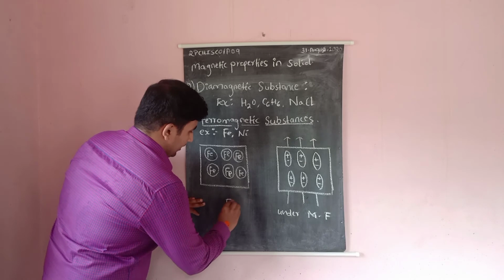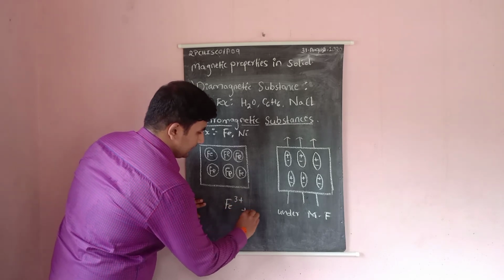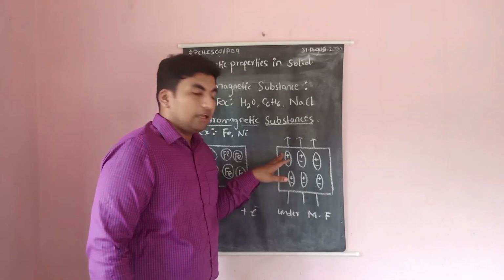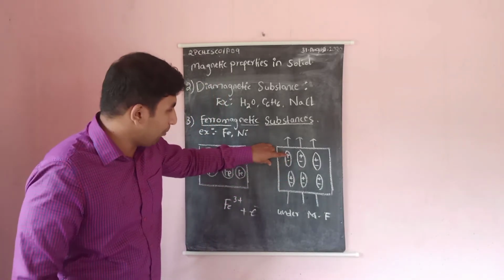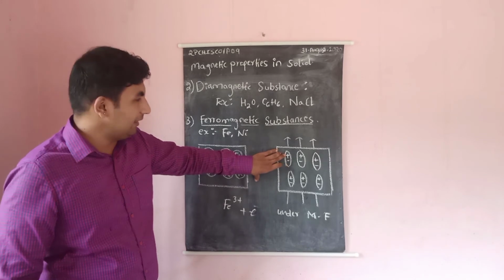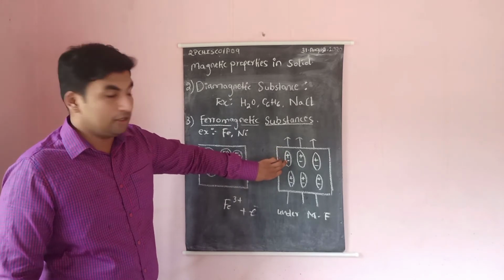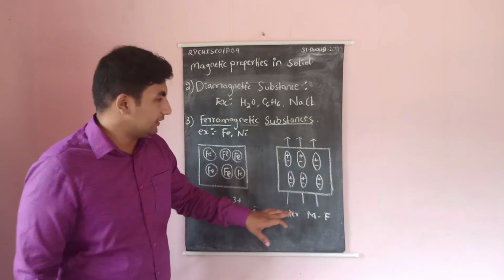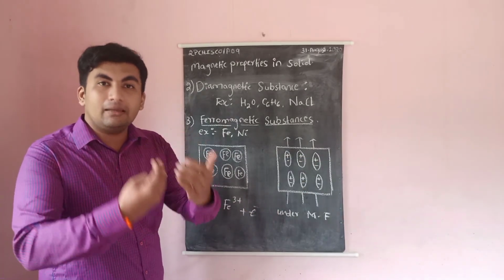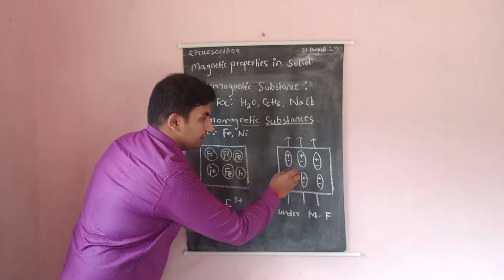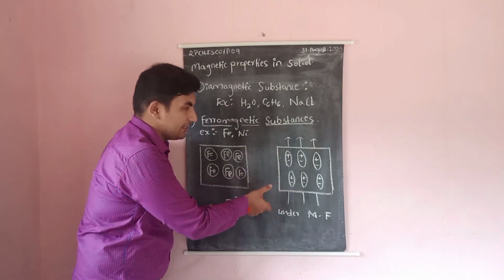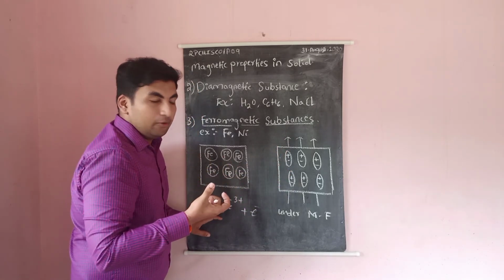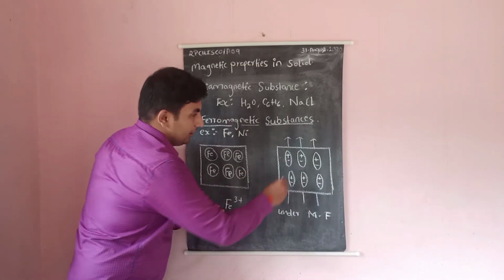If iron gives Fe3+, there is positive charge on one side and the electron is negative. So both are there in iron. These are grouped together before applying the magnetic field. This group of positive and negative charge is called a domain.